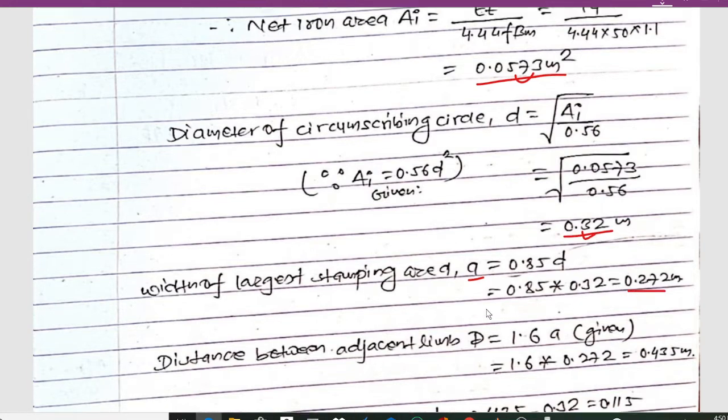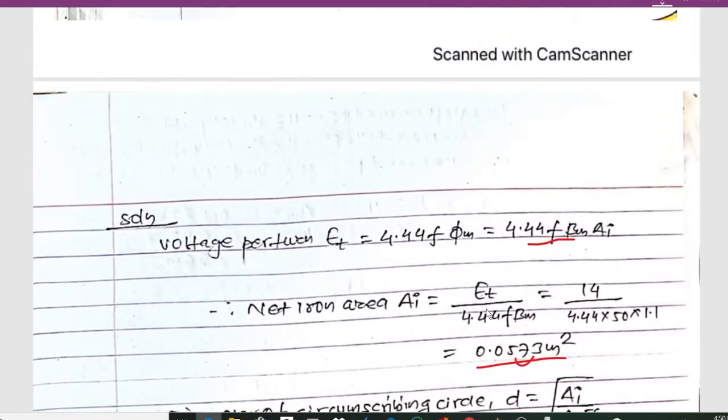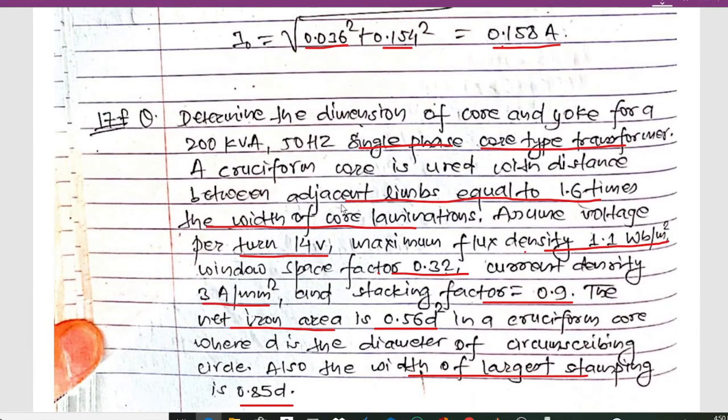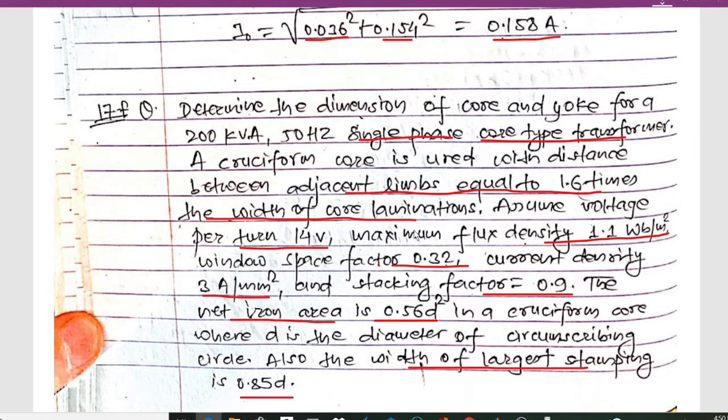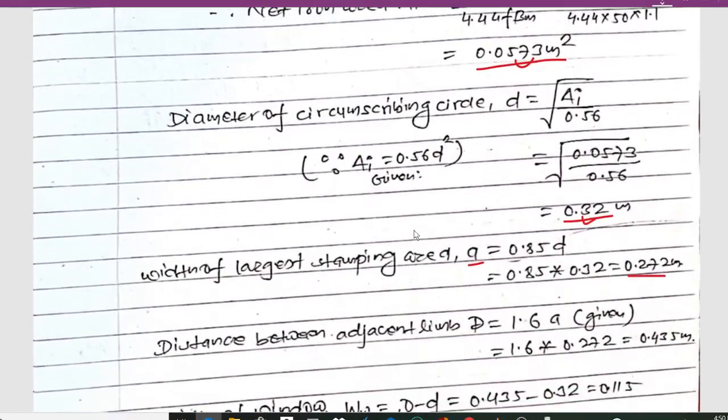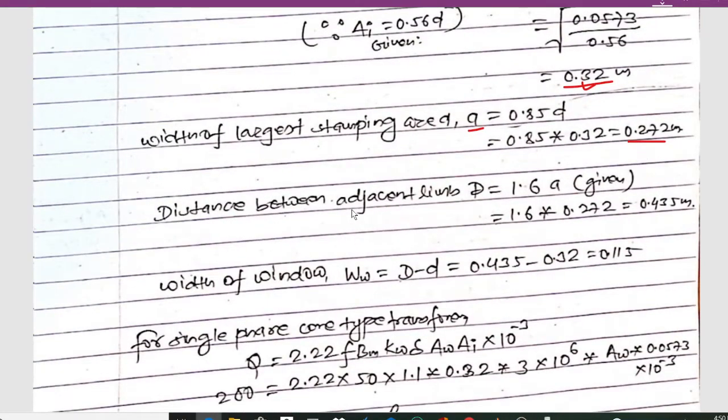Now again here we have one more condition given in the question. Here you can see a cruciform core is used with the distance between adjacent limbs equal to 1.6 times the width of core laminations. So step by step you can use the condition. Here the condition is the distance between adjacent limbs, capital D, is equal to 1.6 times a, and we have obtained the value of a as 0.272.